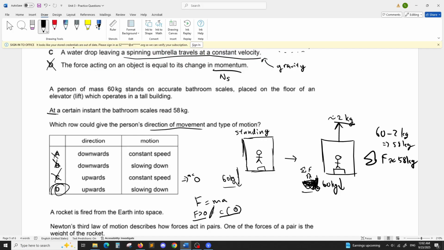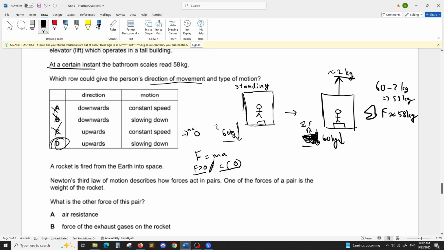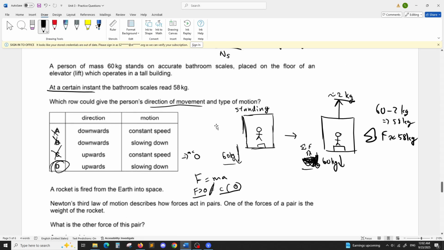Also, it says in the problem that at a certain instant, that just means that at some point, so it could be going really fast and slowing down, whatever. But yeah, this problem is basically using the idea of resultant forces.